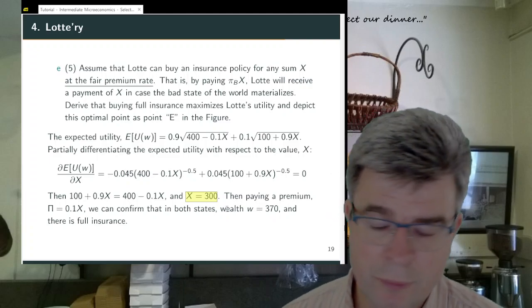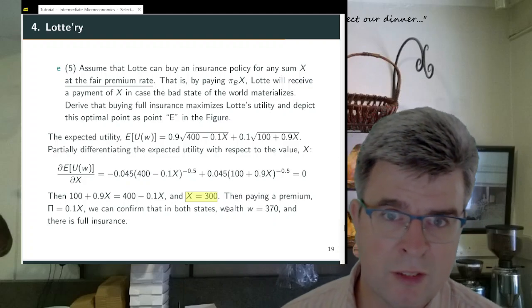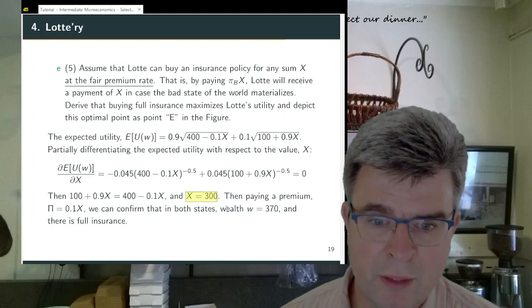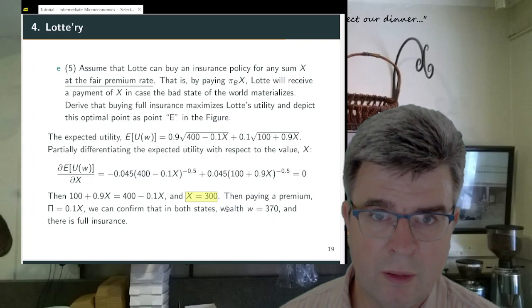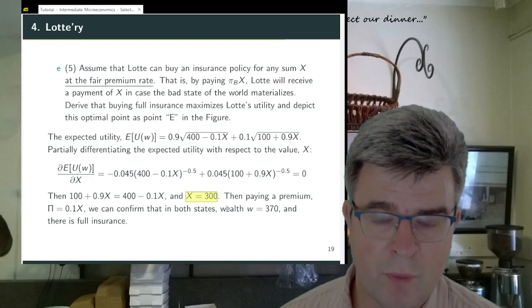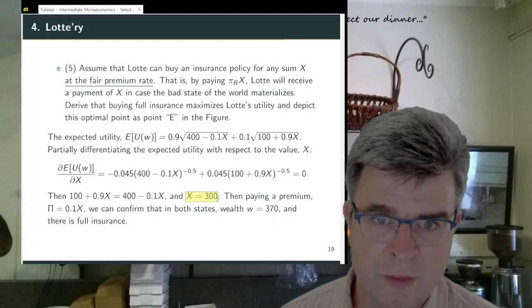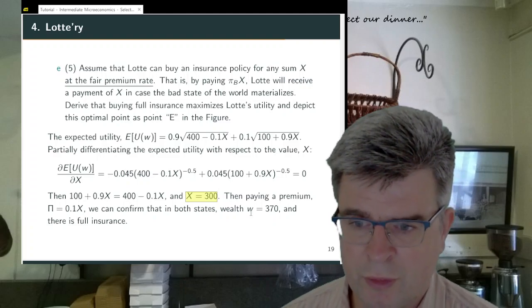In the good state of the world, 400 minus the premium she paid. In the bad state of the world, 100 minus the premium of 30 that she paid, plus the amount of 300 that the insurance company pays out, also has her arrive at a final wealth of 370.